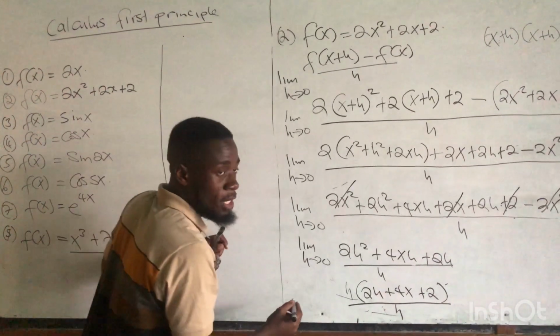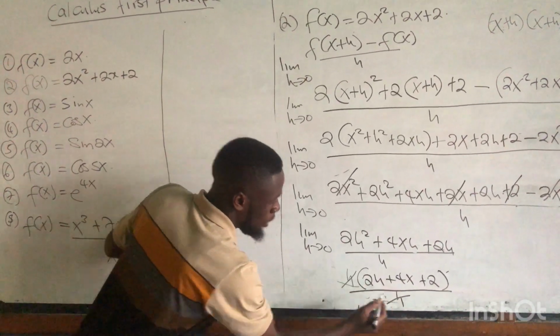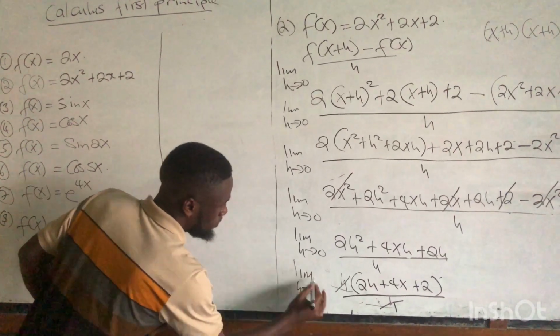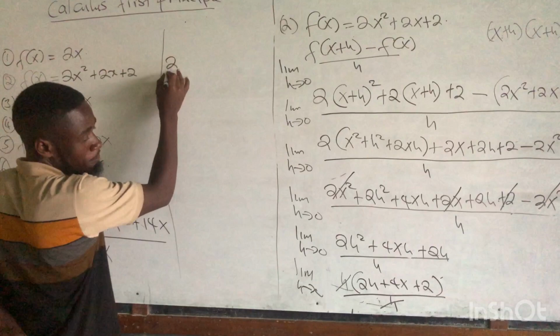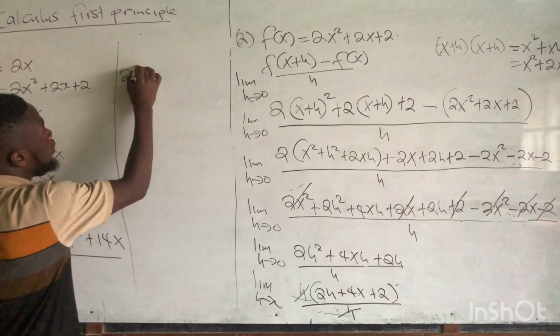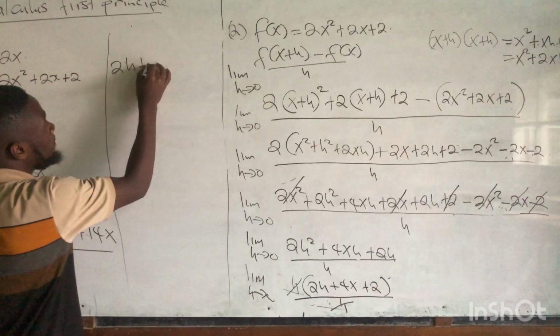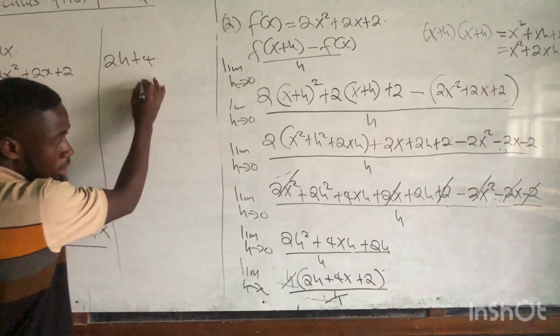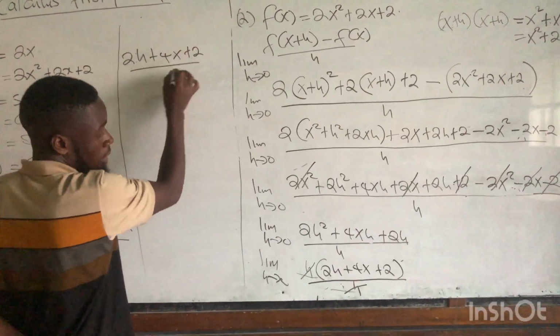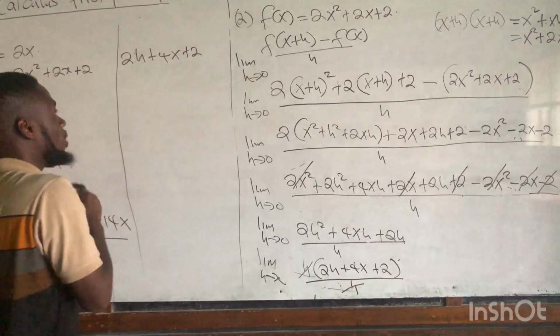So from here, this h and this h will cancel. So limit as h is approaching 0, we remain with 2h plus 4x plus 2, over nothing here, so remain with this.